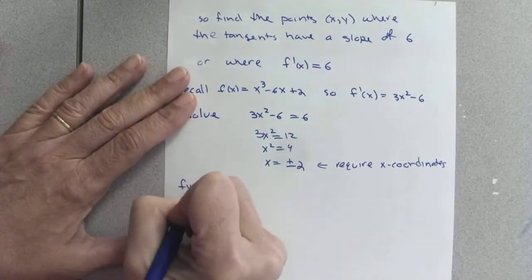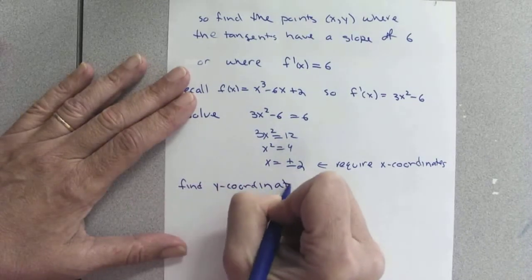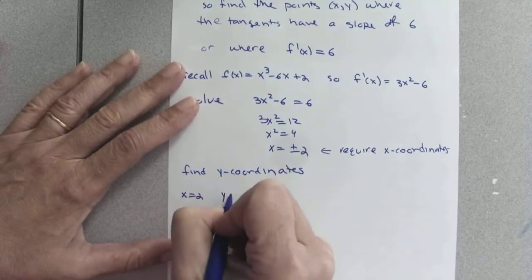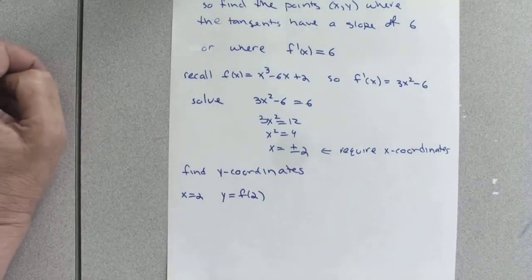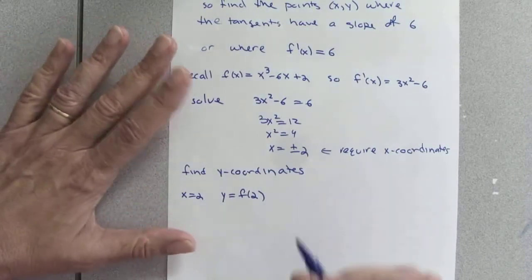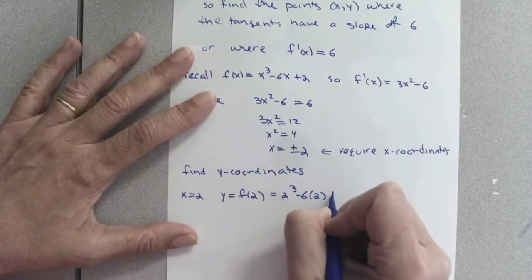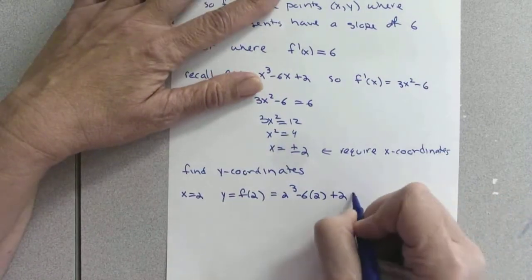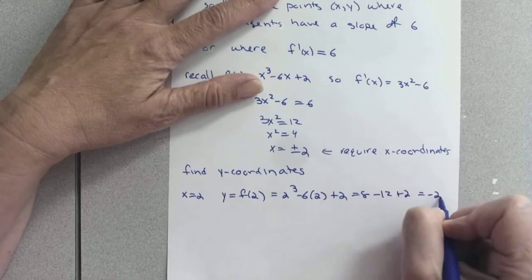So I've got to find the y coordinates. And y coordinates always come from plugging into the original function. So if x is 2, y is going to be f of 2, which should be 2 cubed minus 6 times 2 plus 2. I'm not going to do that in my head. 8 minus 12 plus 2, negative 2.